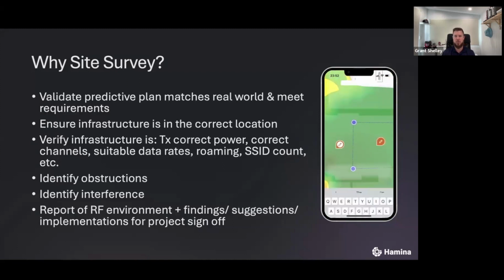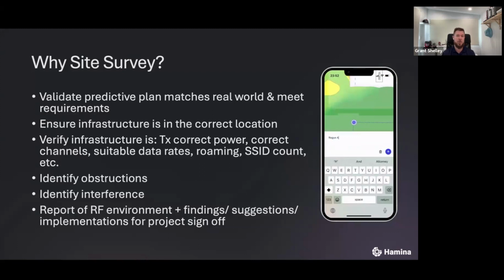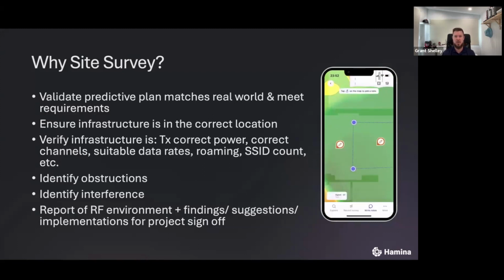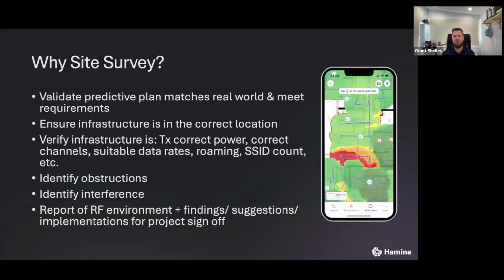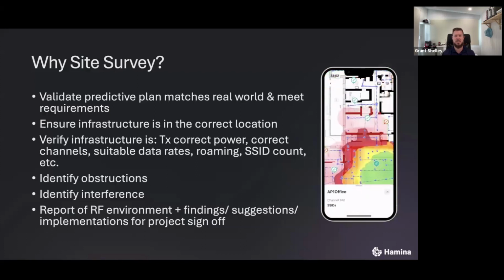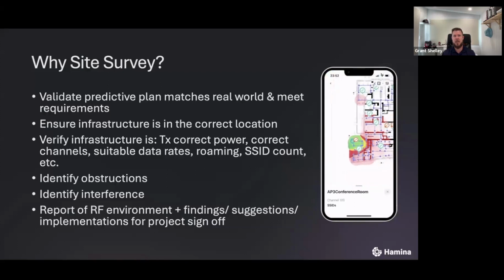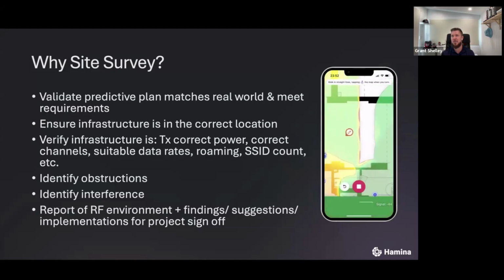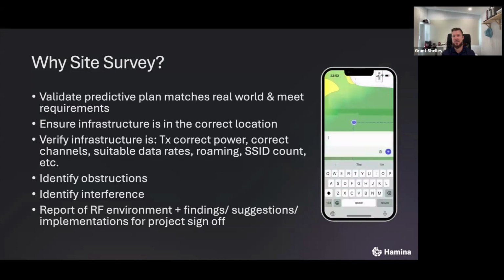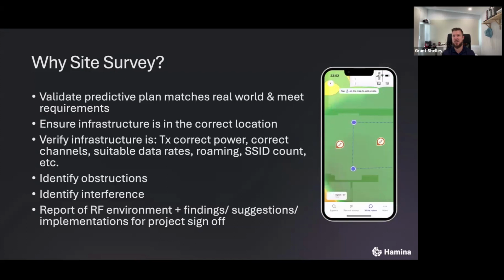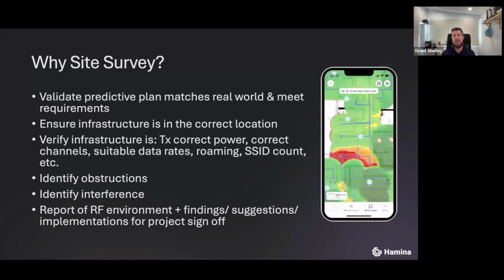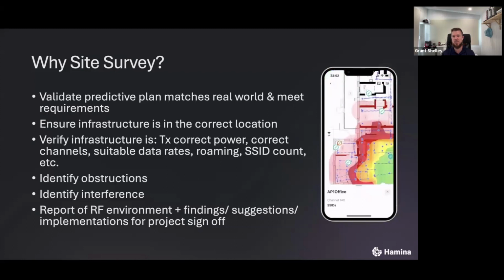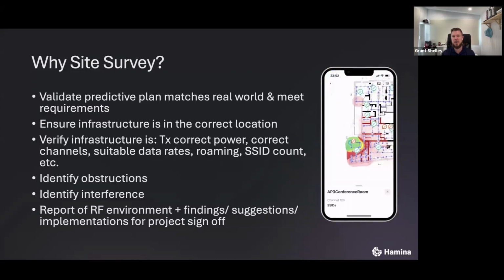So that when we put a plan together, the drywall that we put in, the brick, the concrete, the elevator shafts, all those kind of things, do they match what our initial predictive plan laid out? We want to make sure that the infrastructure is in the correct location. Chris, I know you've done a lot of implementations and site surveys. Sometimes the positioning of the access point may not be 100% correct based on the initial plan, and that can cause some RF issues there.